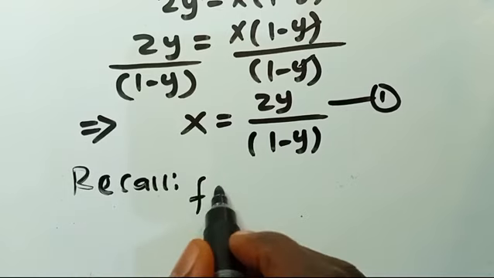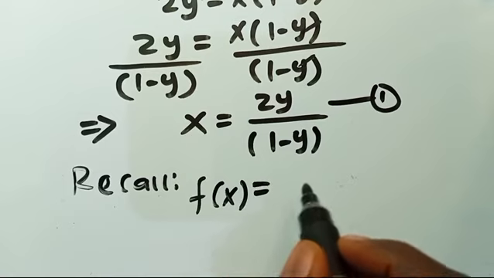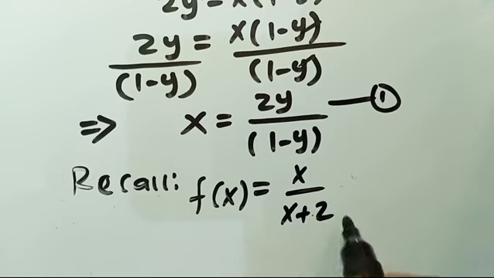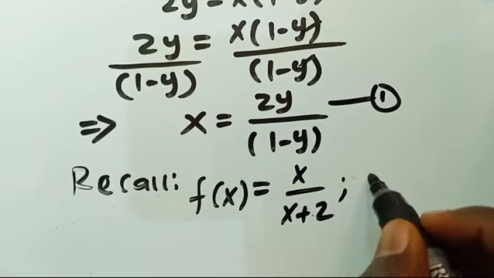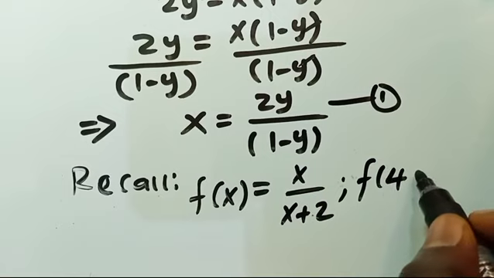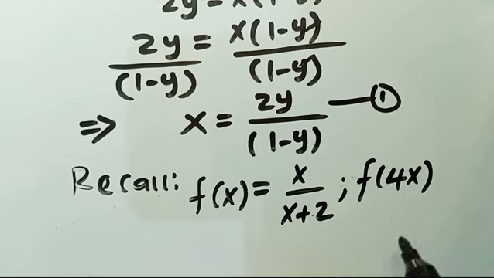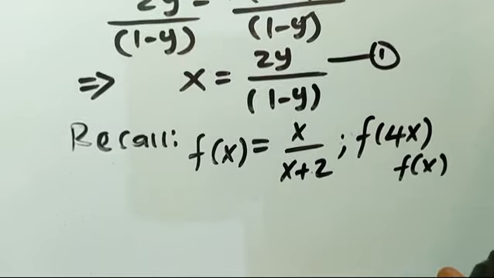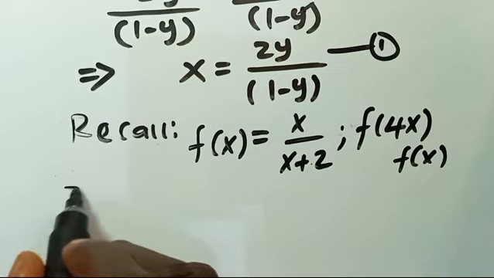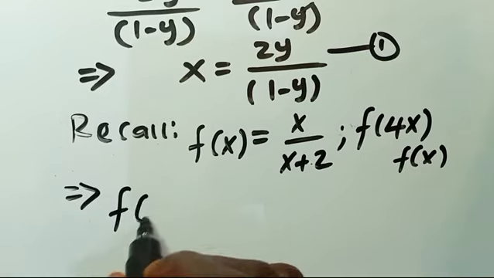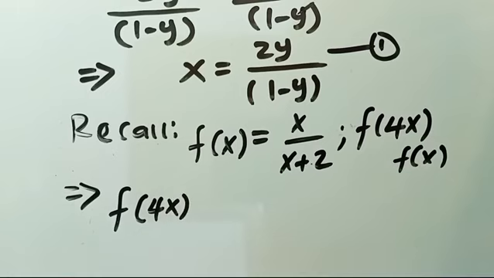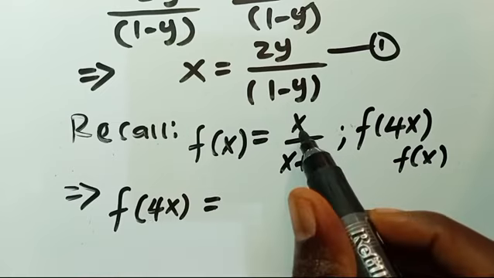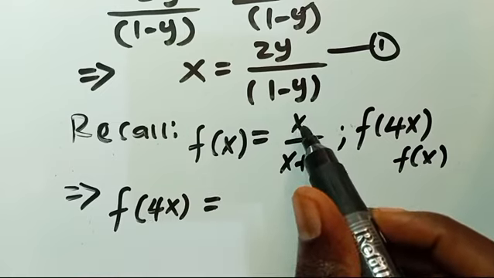we are given f of x to be equals x over x plus 2. Then we are asked to find f of 4x in terms of f of x. Then this implies f of 4x. From here, we just have to substitute x that we have here in the original problem as 4x.